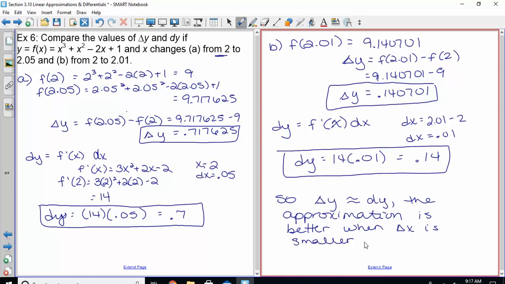In other words, if there's less difference between your x's, there will be less difference between your y's. Questions on that one? Okay.